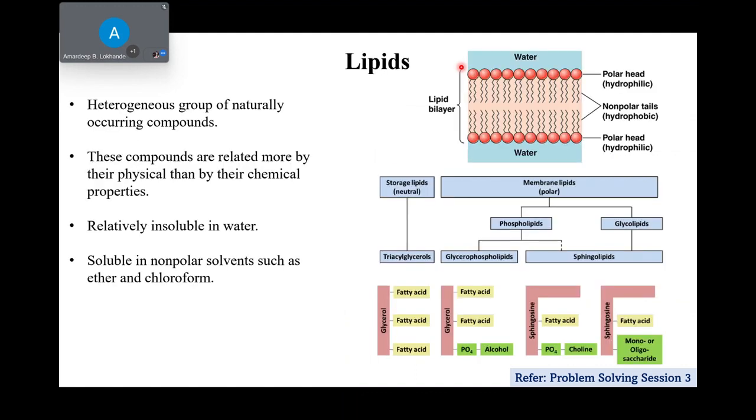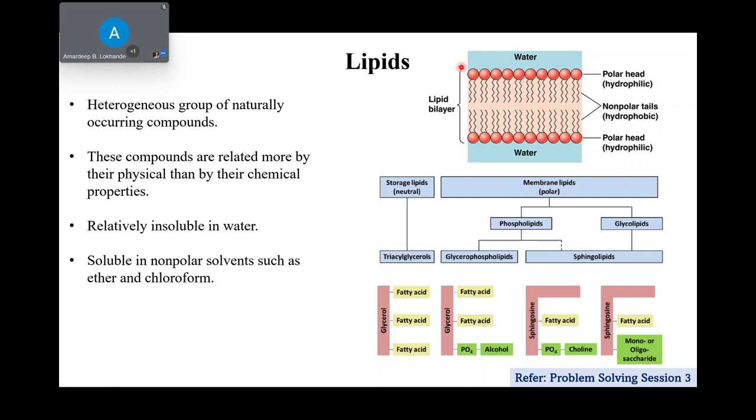The next class of biomolecules are the lipids. These lipids generally consist of fatty acids, and they are amphipathic in nature generally. So you find the lipid bilayer in the plasma membrane. They are generally hydrophobic, and hydrophobic means they are insoluble in water.